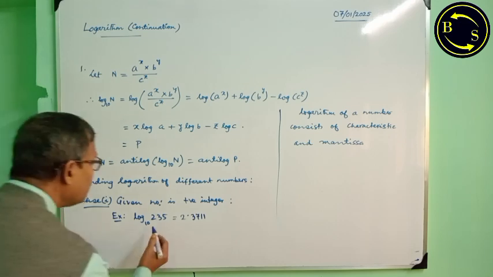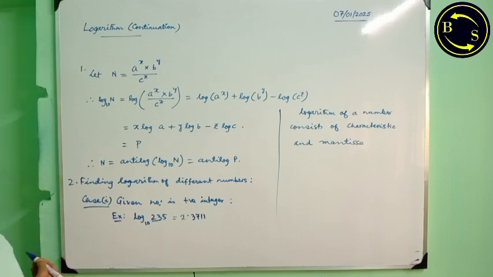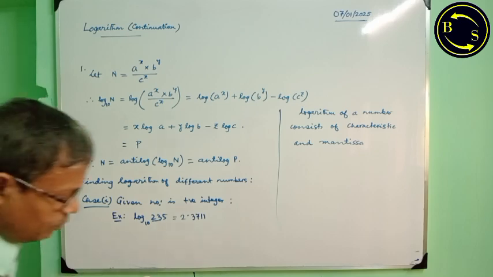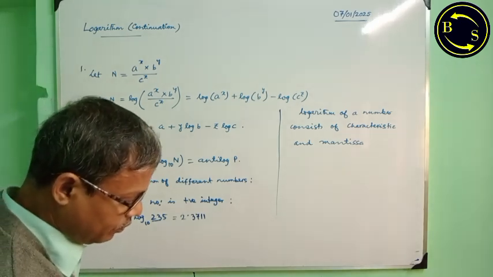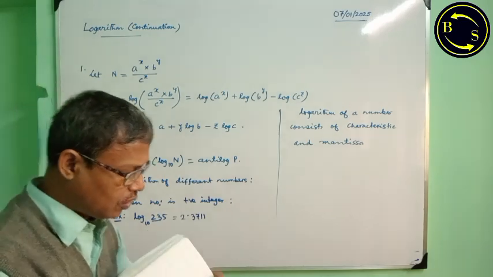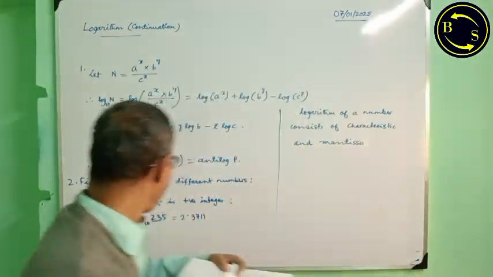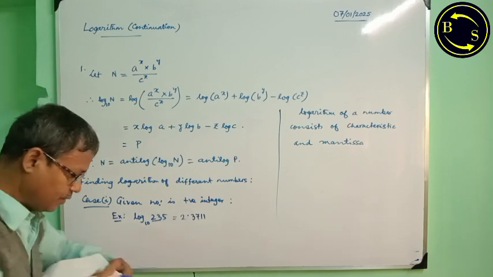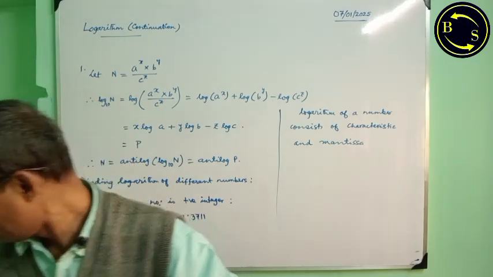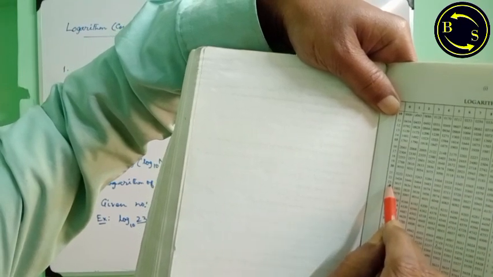First I follow the row headed by 23, then follow the column headed by 5.